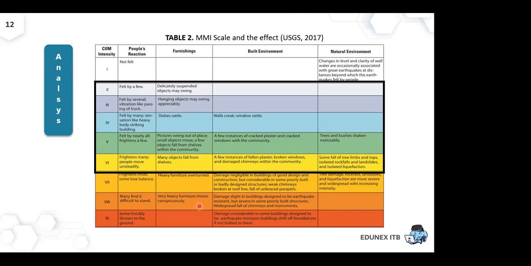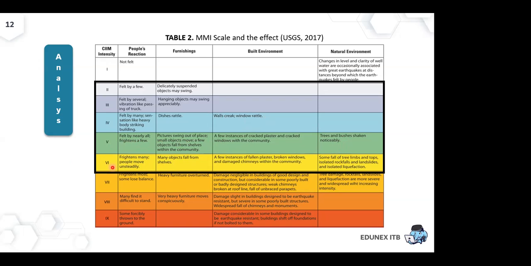Okay, next, here are some effects that will occur in an area based on the PGA value that has been converted to the MMI scale, where in the province of West Sulawesi, the scale value is around 2 until 6 MMI. And these are some of the perceived effects, like dishes rattle, walls crack, window rattle, and then in 5 MMI, felt by nearly everyone, and trees and bushes shaken noticeably.